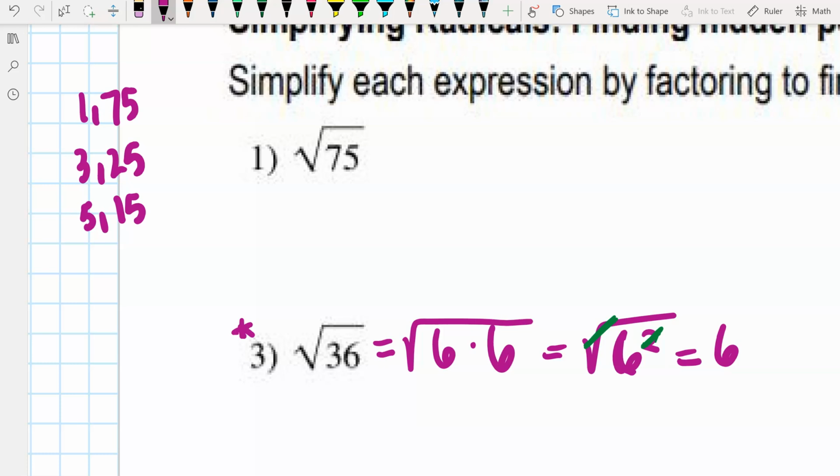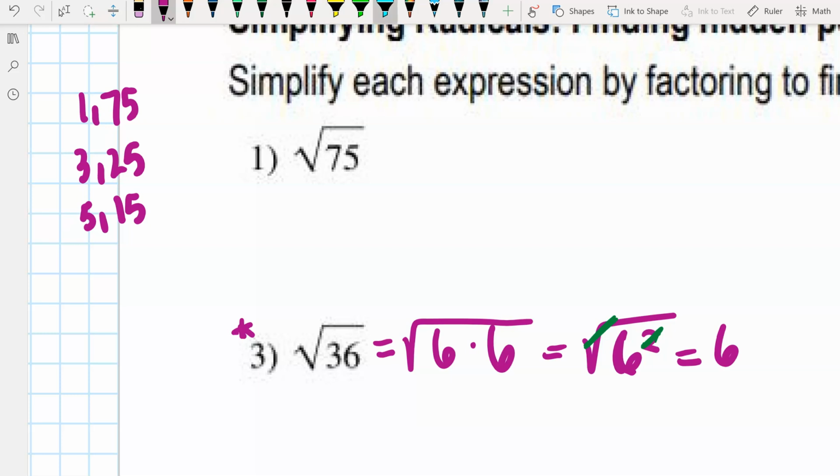You're not going to have to do this all the time, but it helps you understand where this is coming from. You're looking for the largest perfect square that is a factor.